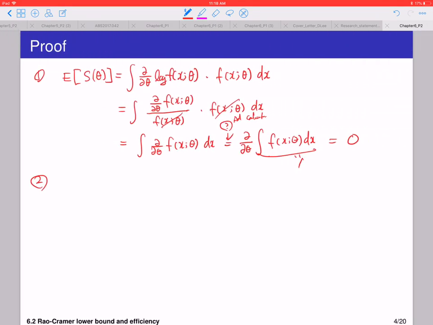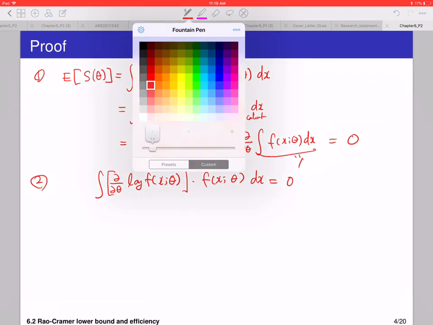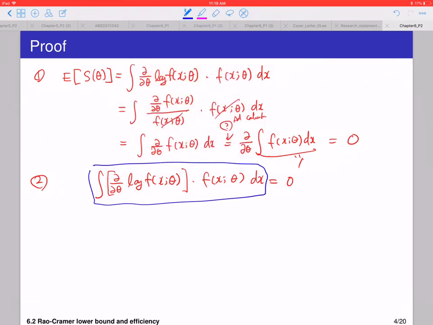The second property. The idea is you already have this identity, which we know is 0.